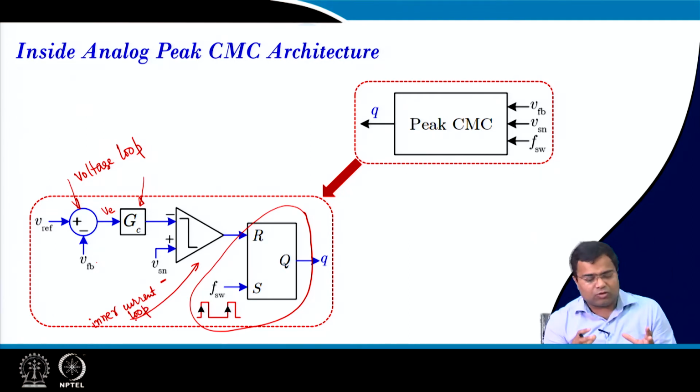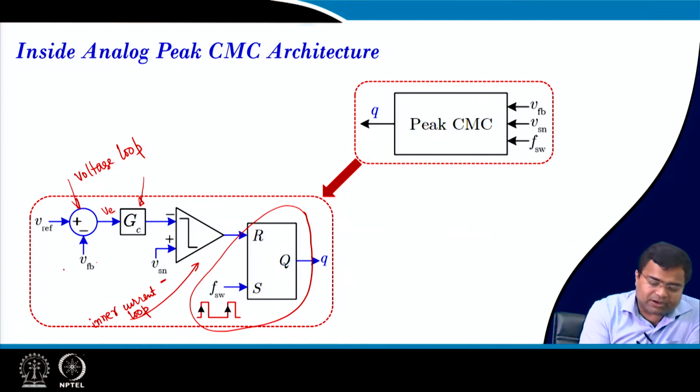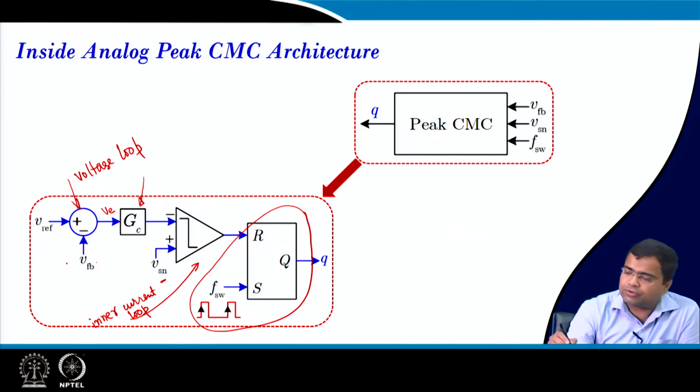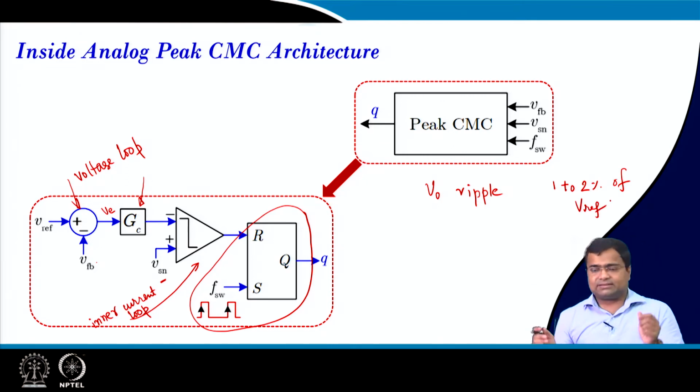In current mode control it is well known that for the outer voltage loop, the output voltage ripple, we generally consider 1 to 2% of the Vref or even less.